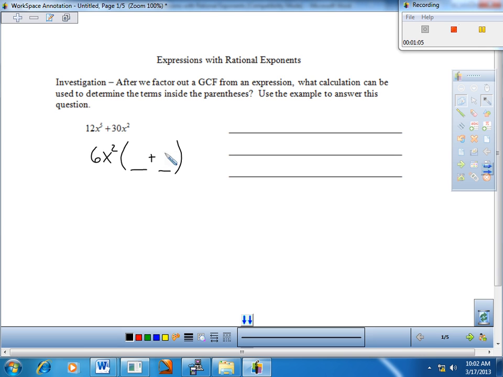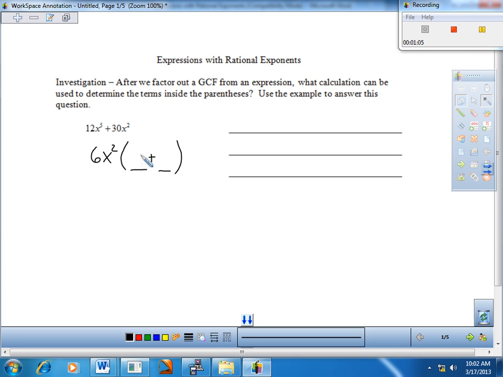So one way to think about this is, it is the distributive property. This times something gives me that. So 6 times something is 12. Or another way to talk about that is 12 divided by 6 should give me that right there, right? And x squared times something would give me x to the 5th. Or really this divided by this tells me what's in here. Multiplication and division go hand in hand.